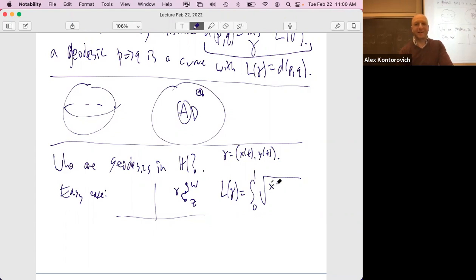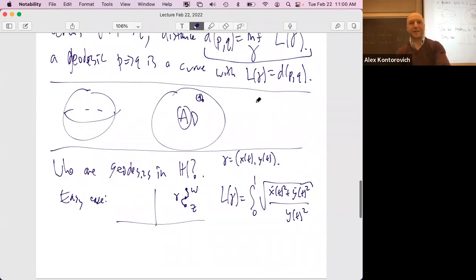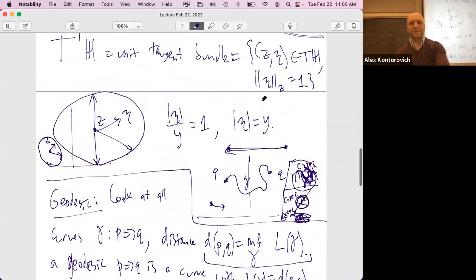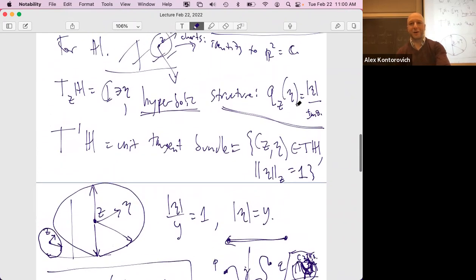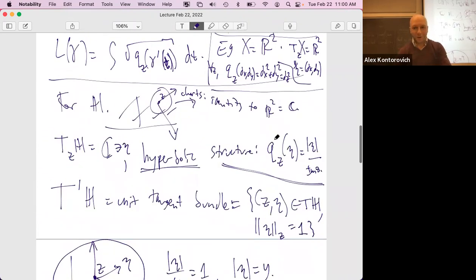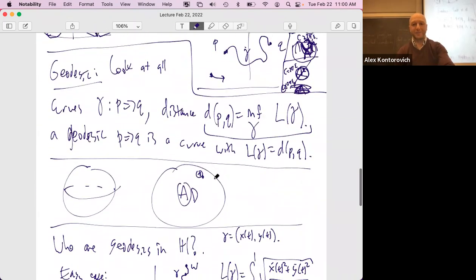It's x dot of t squared plus y dot of t squared, in other words, the Euclidean length divided by y of t squared. I gave the quadratic form in its square root form. The square root of the quadratic form is the Euclidean length divided by the imaginary part squared.